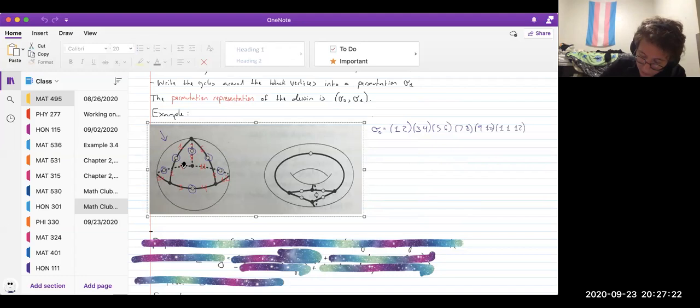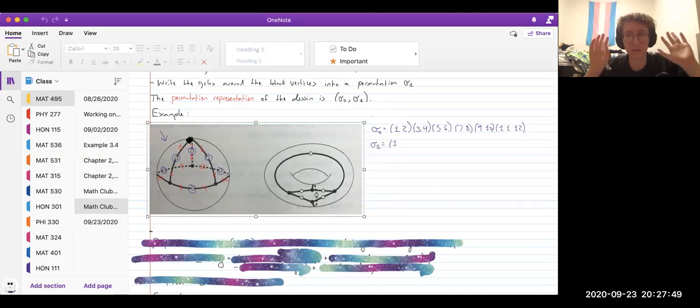Then for sigma 1, now we'll start with the black vertices. Let's start with the one at the top. If we start with side 1, you do have to be careful what direction you're going in, because that affects what the permutation representation is.